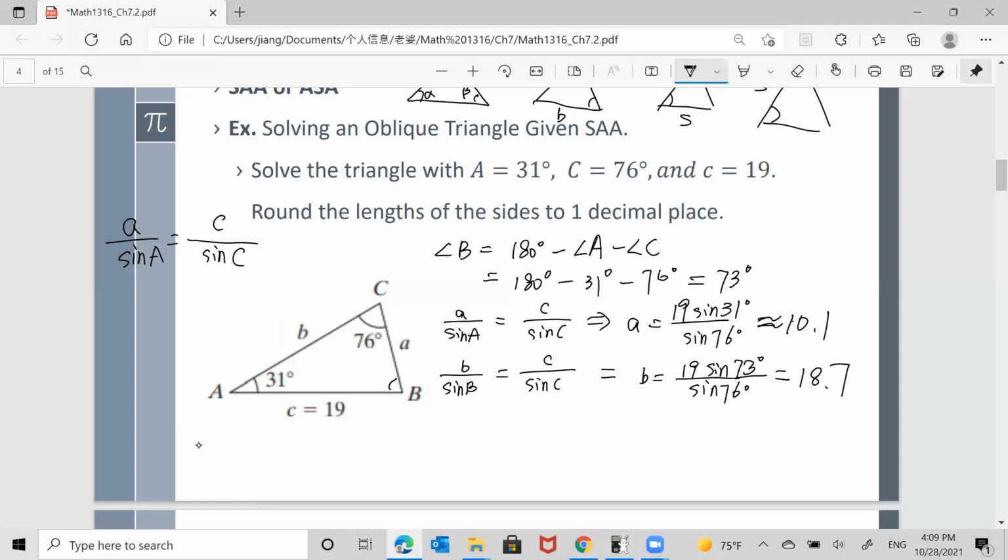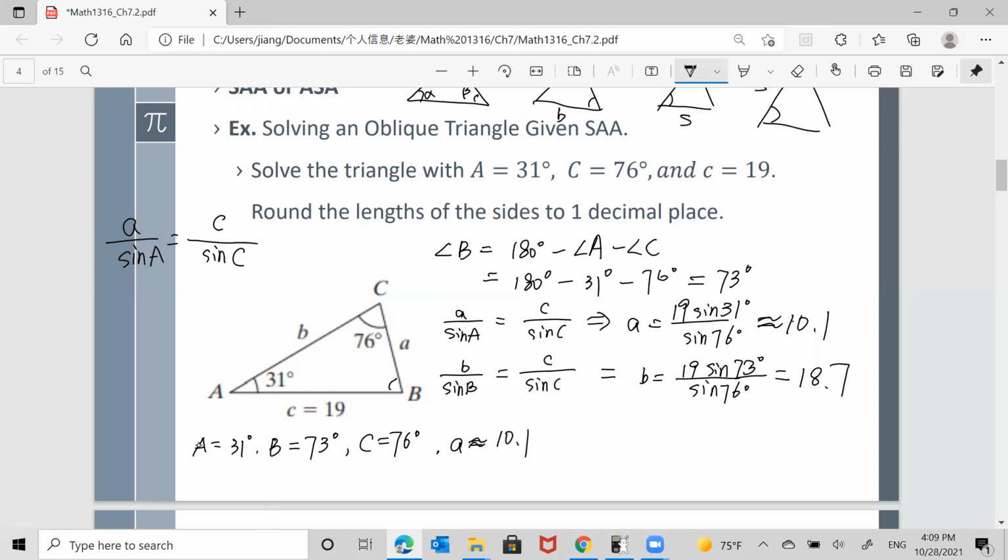So let's list all the information there. So angle A equals 31 degrees, B equals 73 degrees, C equals 76 degrees, and a equals 10.1.